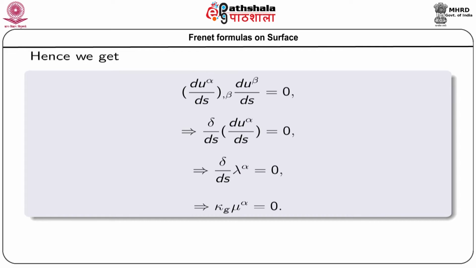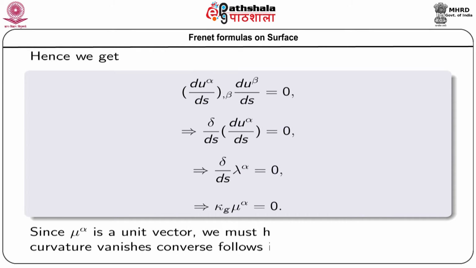Now, from the Frenet formula, we know that del lambda alpha del s equals kappa g mu alpha. So, del lambda alpha del s equal to 0 implies kappa g mu alpha equals 0. Now, since mu alpha is a unit vector, the components are not all 0, and therefore, we must have kappa g equals 0.